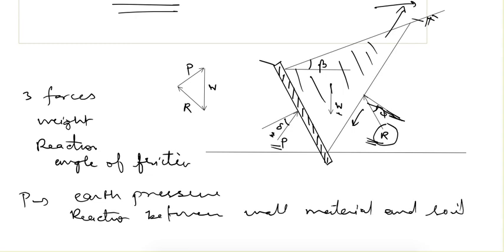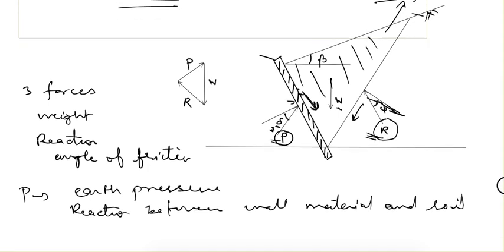This reaction has developed because the soil is trying to go downwards and the wall friction is opposing that movement. So this is the resultant reaction. It is making an angle of delta from the normal of the wall. So these three forces are considered in equilibrium.